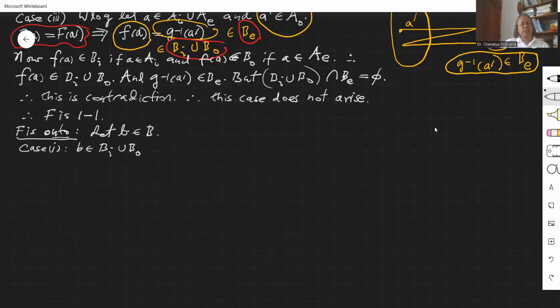So in this case, b has at least one ancestor.